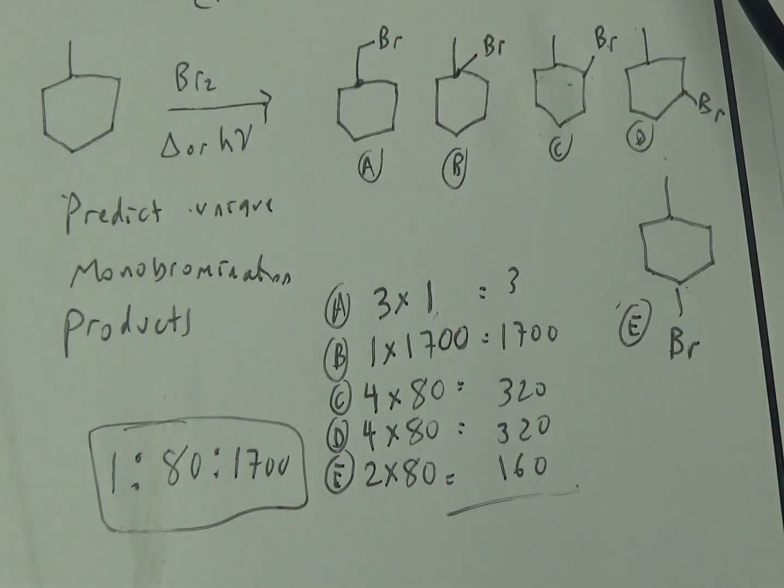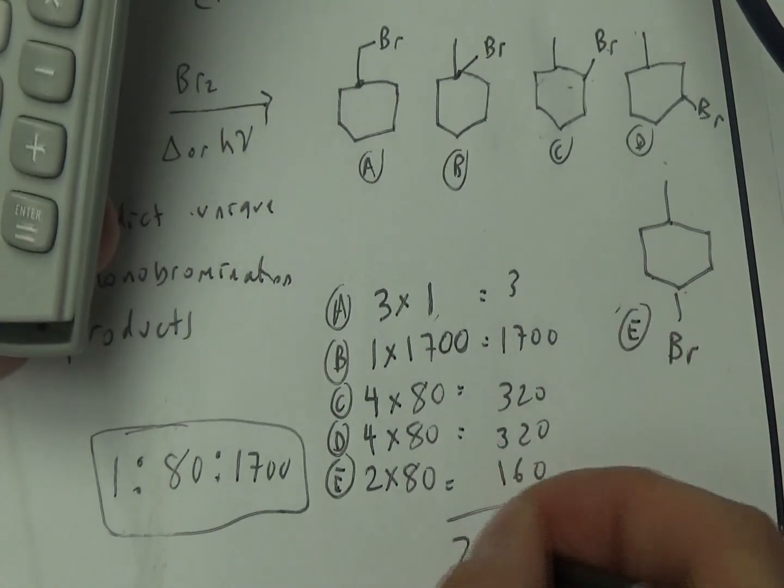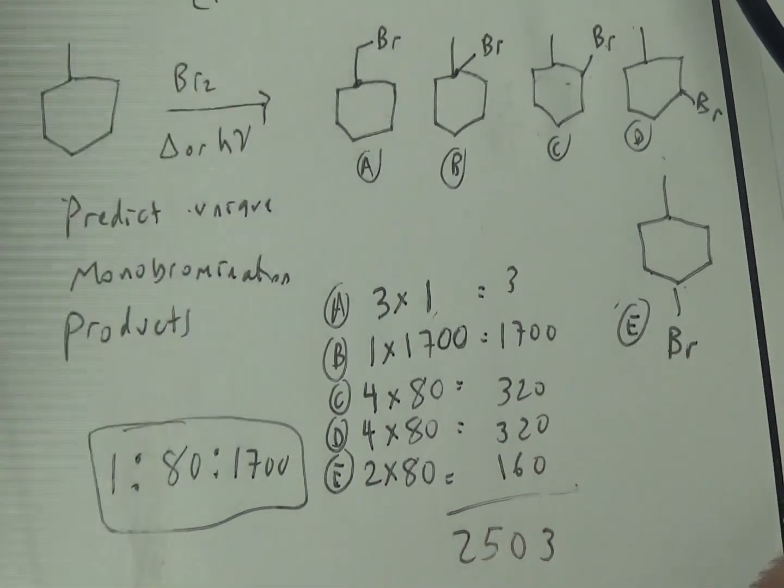Get the calculator out. 3 plus 1700 plus 320 plus 320 plus 160 is 2503. Okay? Now we figure out the percent of these.